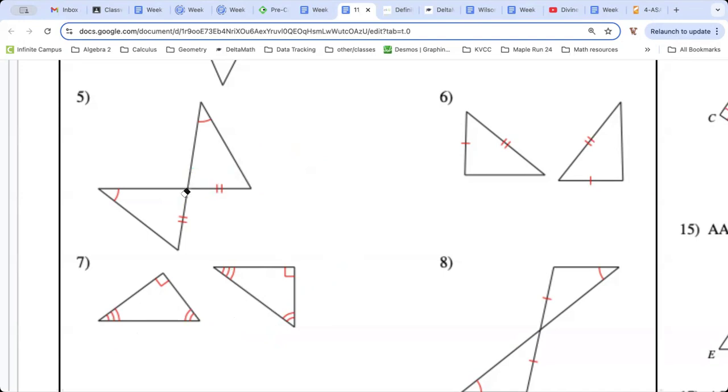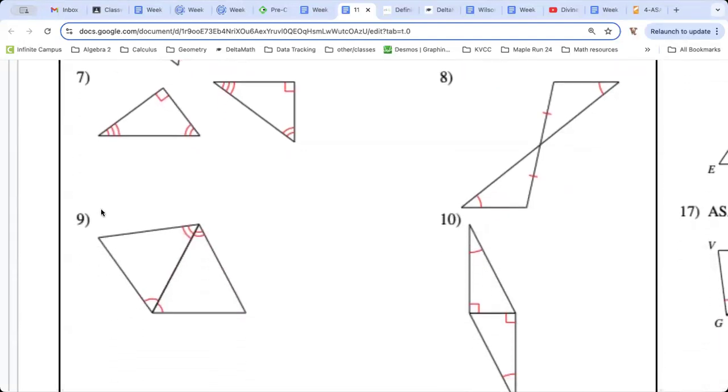Side angle side, yes. All right, one more here. Number nine. What do you think of that one? That one's actually pretty good. Okay, so they share the same side. The side is congruent to both triangles. Then you can go angle, side, angle. You go angle, side, angle.